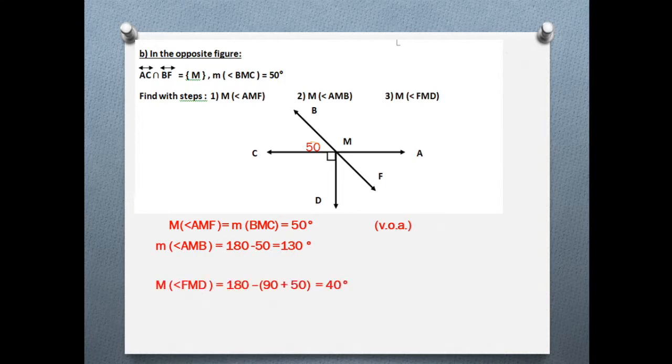He wants measure of angle FMD equals 180 minus, and between two brackets we will write measure of angle DMC 90 and measure of angle AMF equals 50. Then the answer will be 40 degrees.